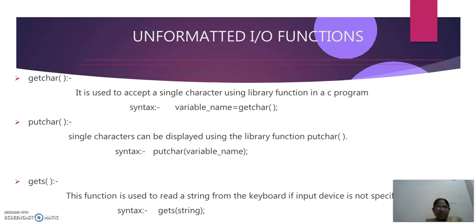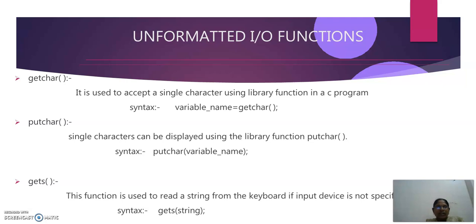Putchar, obviously the opposite of getchar, is used to print a single character using library function. Syntax will be putchar of variable name. How will you write? Putchar of ch within the brackets, semicolon. So the difference here is that getchar is an unformatted input statement and putchar is an unformatted output statement.